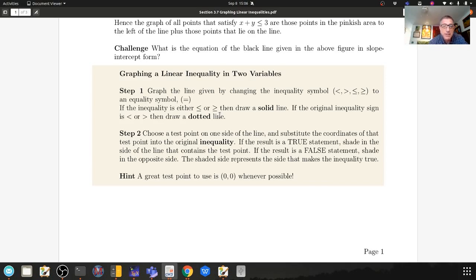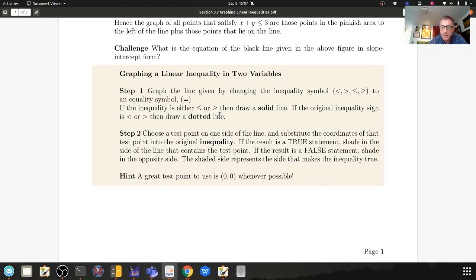So we choose a test point, and we're going to do examples for all of these. Depending on where the line goes, we always want to choose a test point either on the x-axis so that the y value is 0, or on the y-axis so that the x value is 0. That just makes it easier.